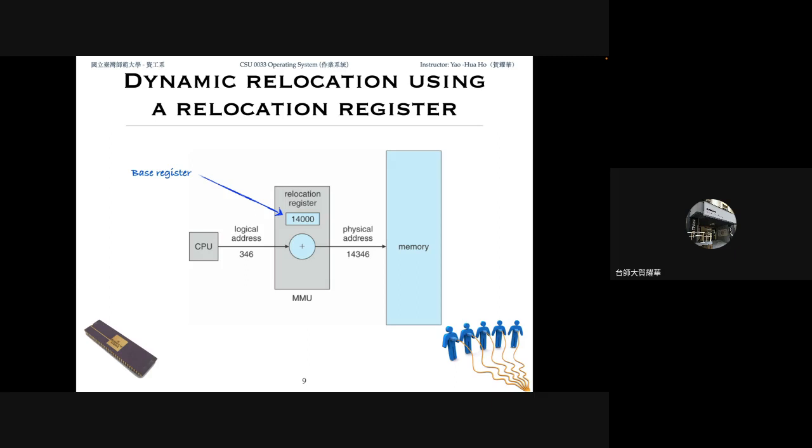So the logical address is mapped to the actual physical address with the base register. The MMU's function is to translate the logical address from the CPU into a physical address, get the instruction or data from main memory, and put it back into the CPU, allowing it to do the execution.